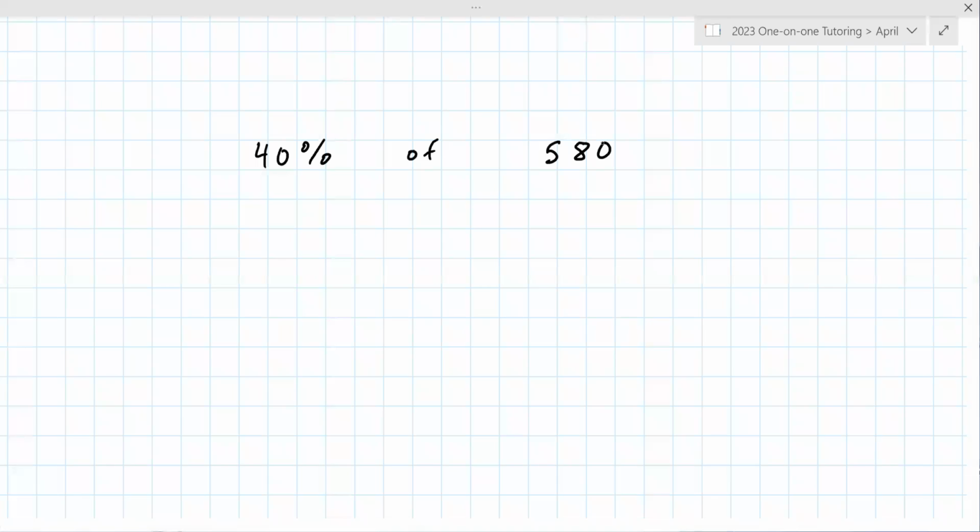I want you to determine 40% of 580. So you can either multiply 40% or 0.4 by 580, or find 10% of 580 and multiply by 4. Both will work. Both give you the same answer.